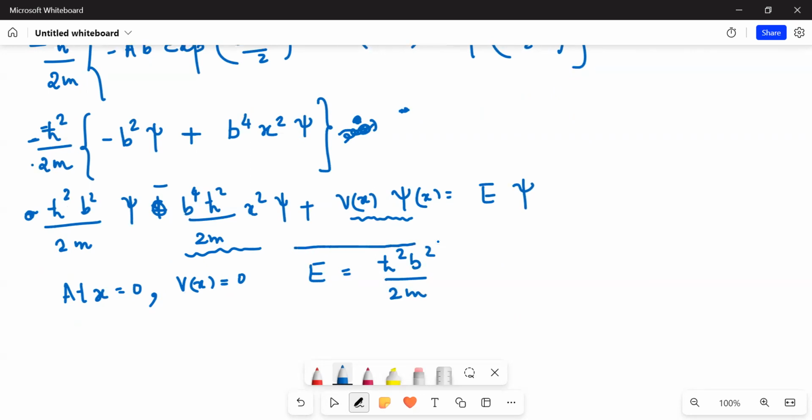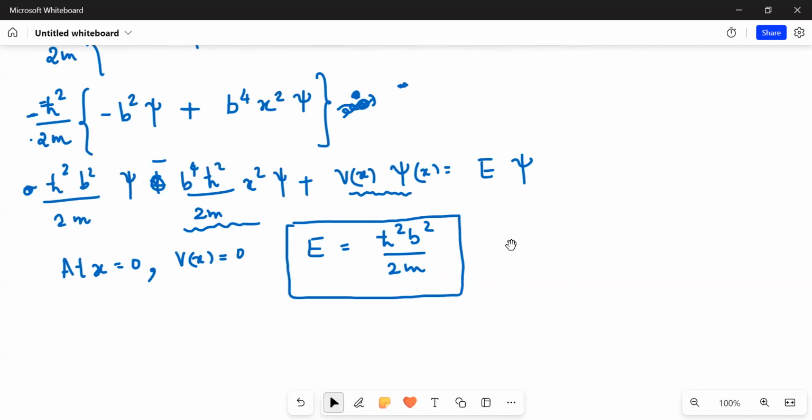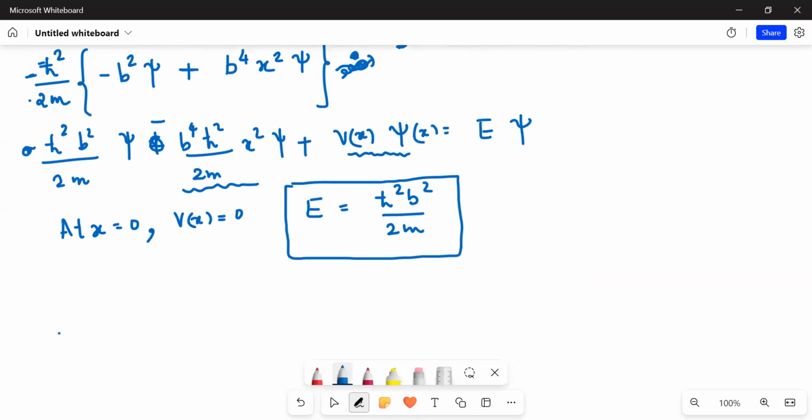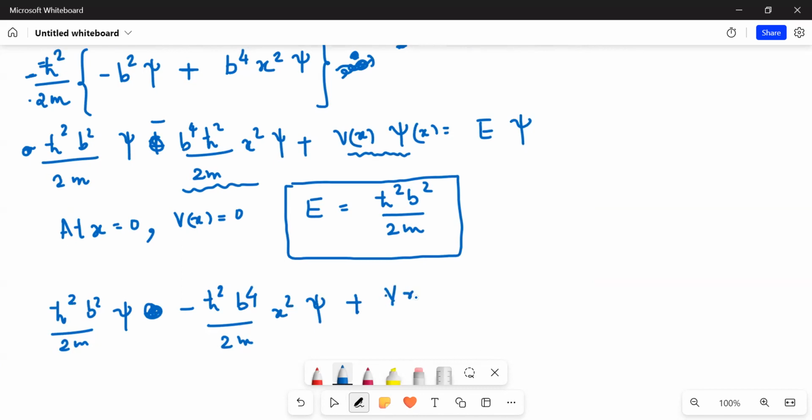We'll get the total energy as ħ²k²/2m. Now we'll use this here. So in totality, this equation now converts into ħ²k²b²/2m ψ minus ħ²k²b⁴/2m x² ψ plus V(x)ψ is equal to ħ²k²b²/2m ψ.